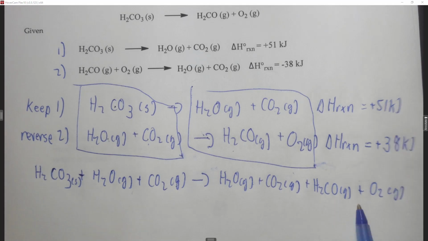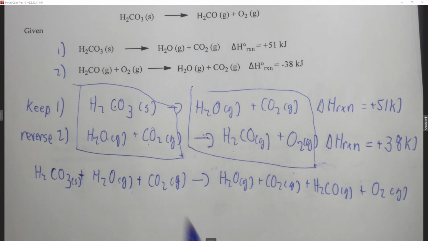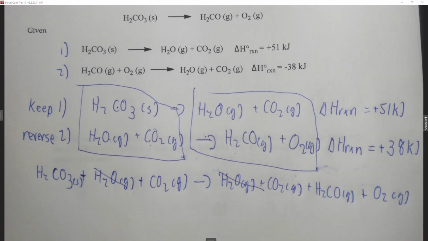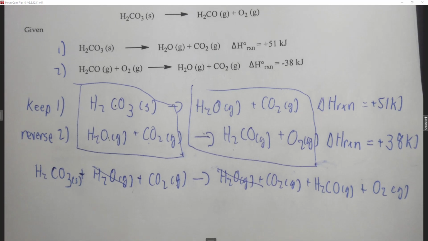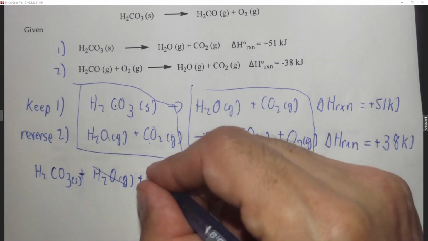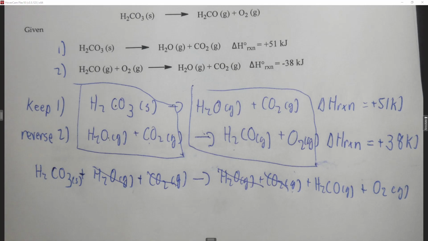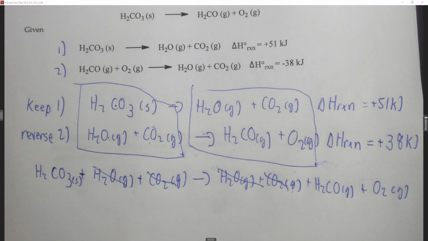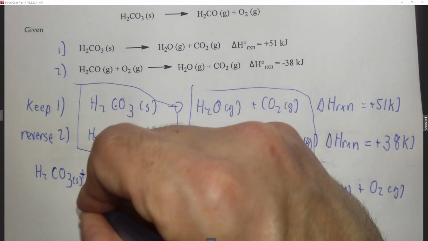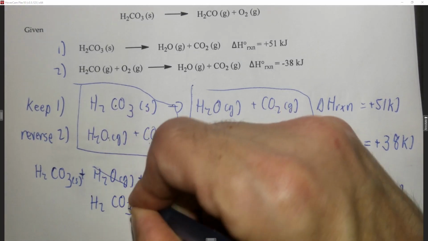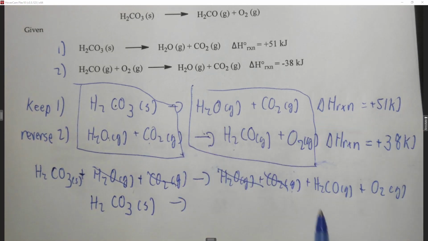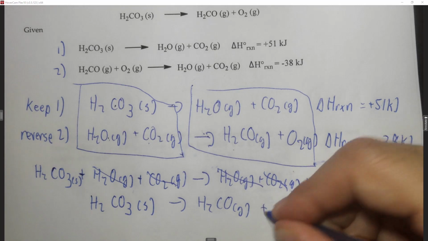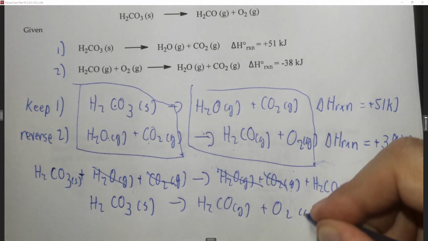Now I want to cancel out anything that's on both sides. I notice water on both sides, and carbon dioxide on both sides. The rest are only on one side, so we keep them. I rewrite this: H2CO3 solid yields H2CO gas plus O2 gas.